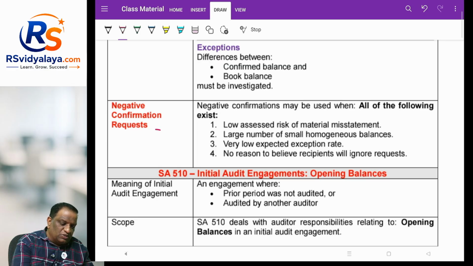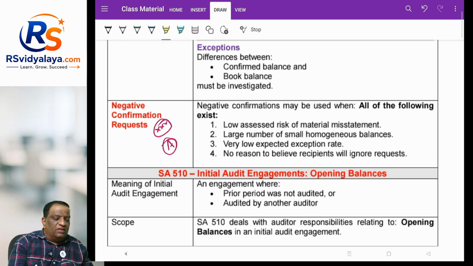First, from an exam perspective, take 3 stars, mark it as A. So if you look at it, generally the auditor should not use negative confirmation as sole audit evidence. It will be permitted only when all of the following are present. What are the conditions?